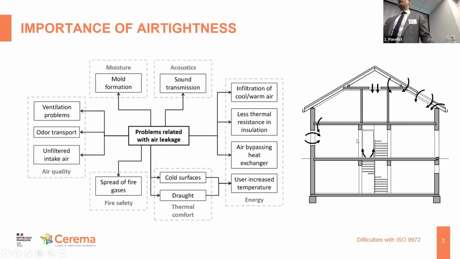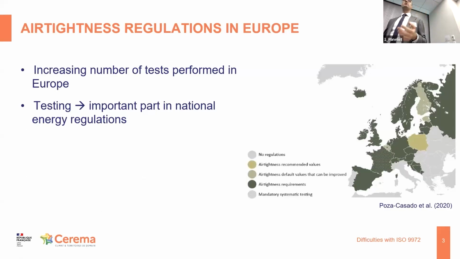Yeah, we have talked a lot about airtightness and why this is important. Of course, we have the energy issue there. We have issues of thermal comfort and moist formation inside walls. And as Valérie already told us today in large detail, there's an increasing number of tests performed in Europe, and this testing is an important part in a lot of national regulations in European countries.